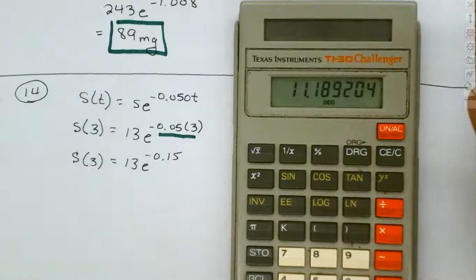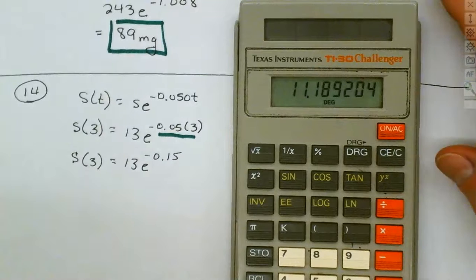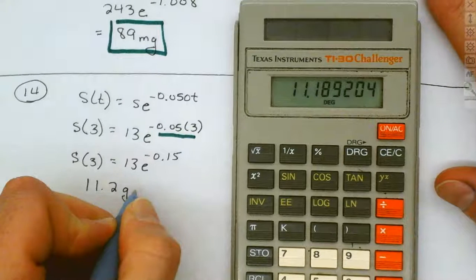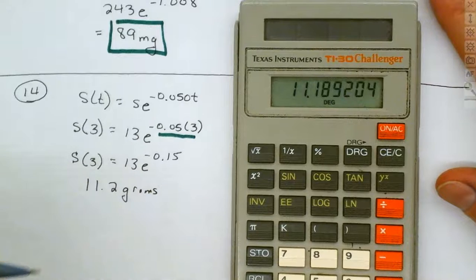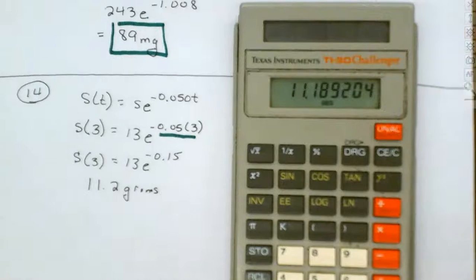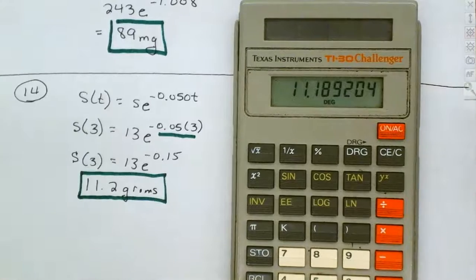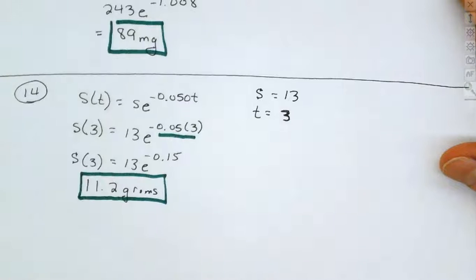We want to round this now to the nearest tenth of a gram. So that would come out to be 11.2 grams. So after 3 years, you only have 11.2 grams of that radioactive isotope left.